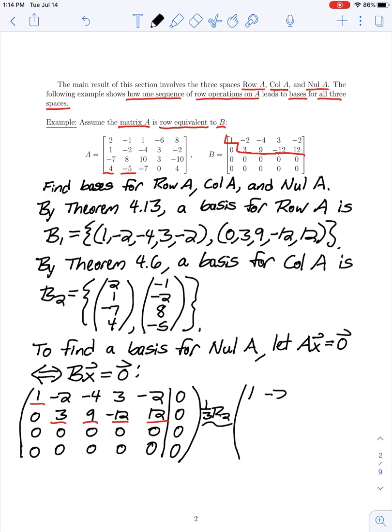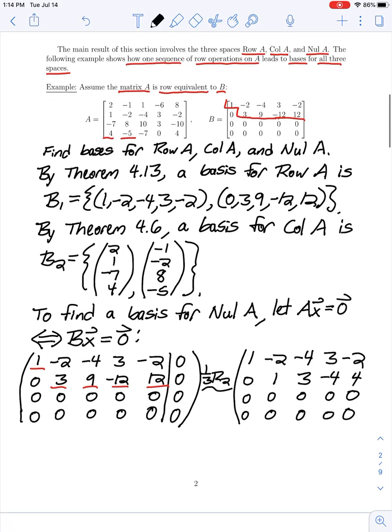So I have 1, negative 2, negative 4, 3, negative 2, and my second row becomes 0, 1, 3, negative 4, positive 4. And then my last two rows are still rows of zeros. And since this is a homogeneous system, any row operation that I perform on that 0 vector on the right-hand side will still give me the 0 vector.